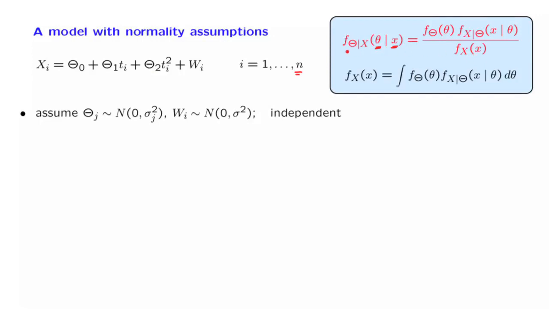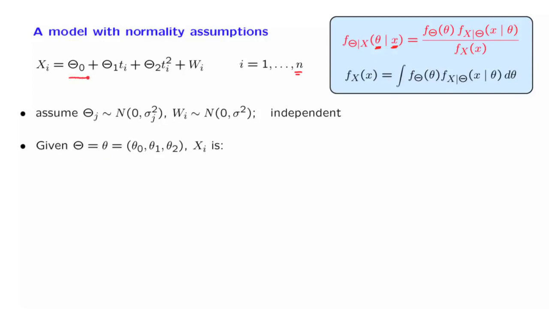Now, in order to calculate this posterior distribution, we need to put our hands on the conditional density of x. Actually, it's a joint density because x is a vector, given the value of theta. The arguments are pretty much the same as in our previous examples, and it goes as follows. Suppose that I tell you the value of the parameters, as here. Then we look at this equation.